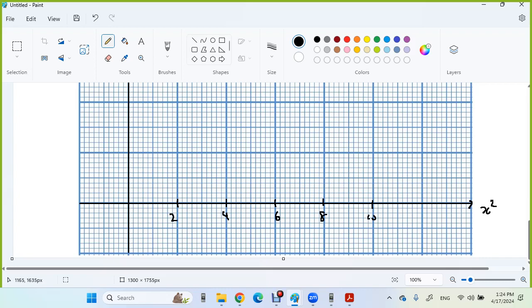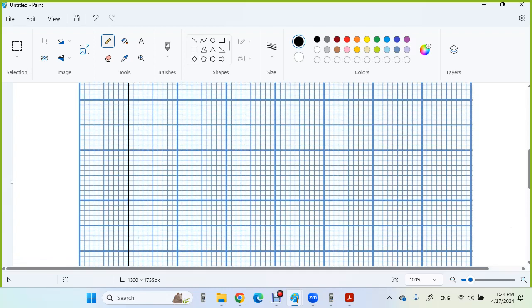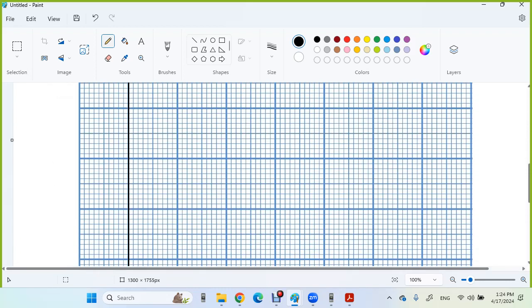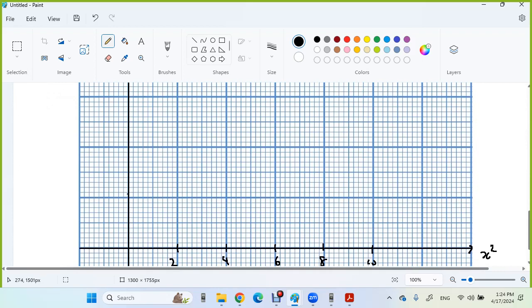This is the x². And then 7 point something.